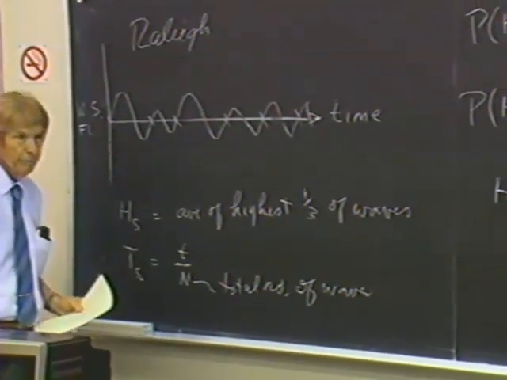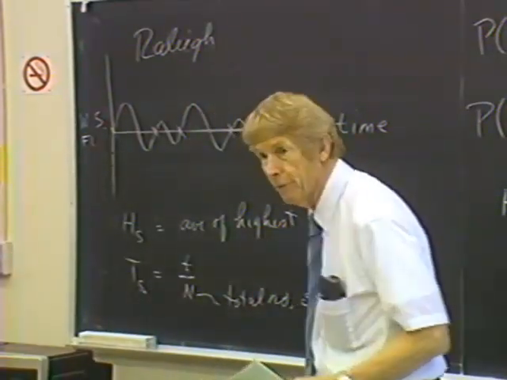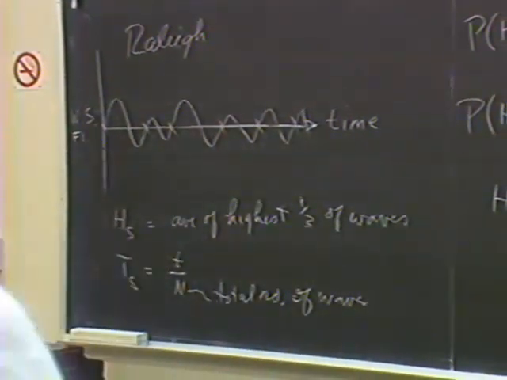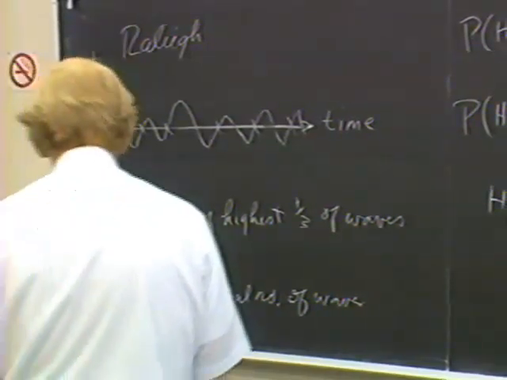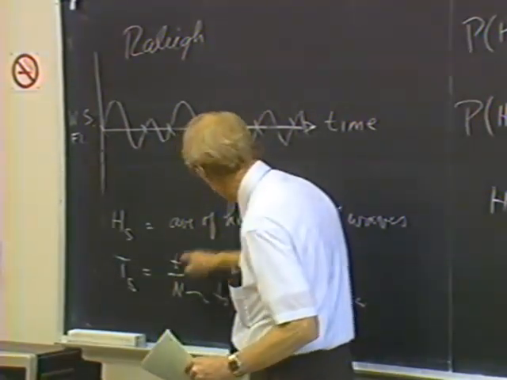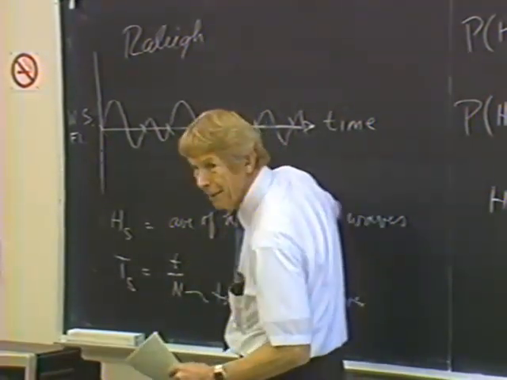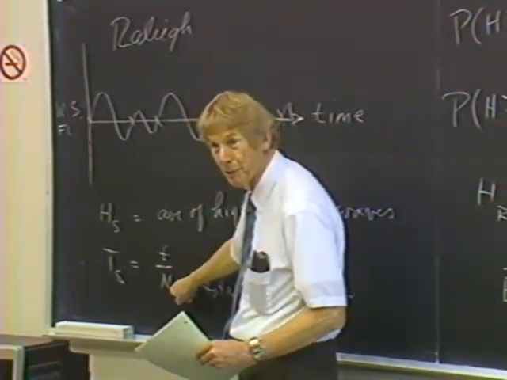So wouldn't you take the S off of there? Should it still be T sub S? Should it be the time of your sample divided by the number of waves in that sample?